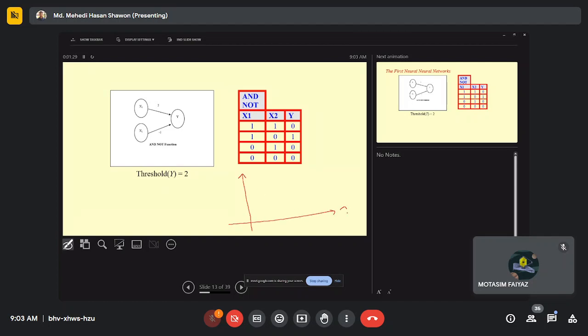Do you remember the combination of the XOR gate? As far as I remember, 0 0 gives 0 and 1 1 gives 0. The 1 0 combination gives 1, and the 0 1 combination also gives 1. Now, can you draw one line and solve this problem?